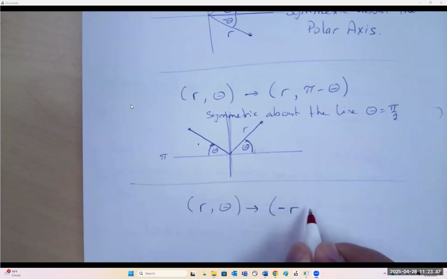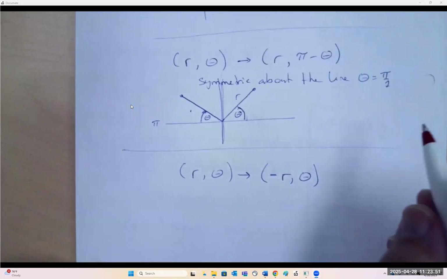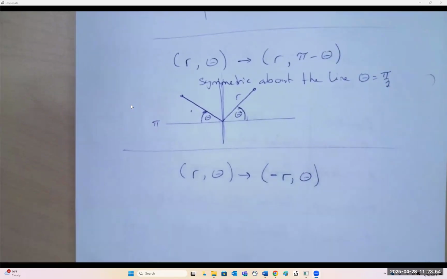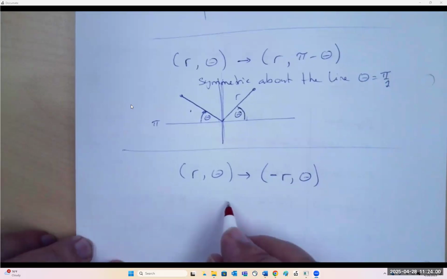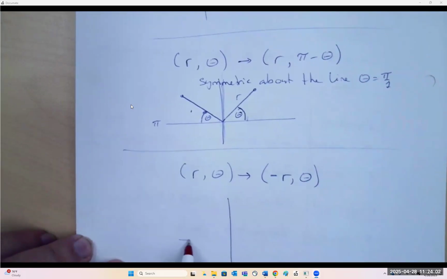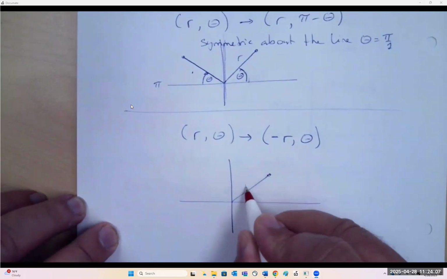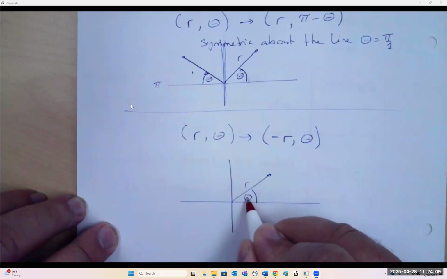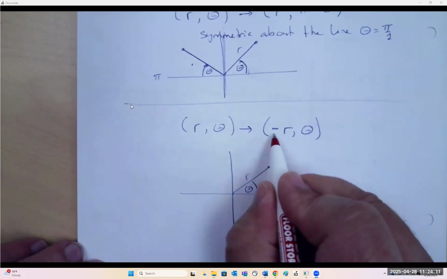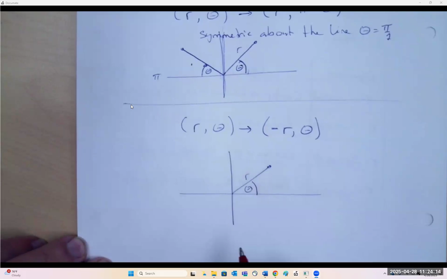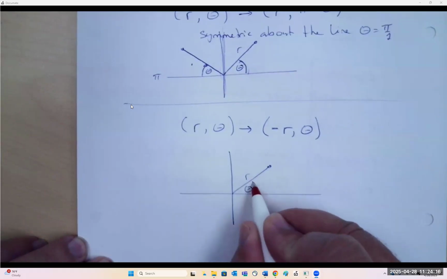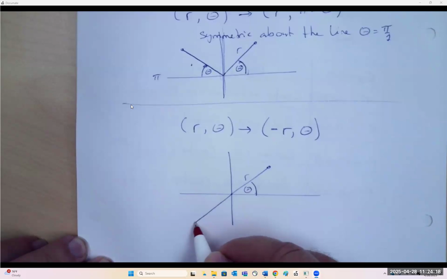Now, if we shift the radius, remember what that does. Let's draw the graph for this one. So here we have our radius, some angle theta, and negative r, theta. It's the same theta, but now we go in the opposite direction.